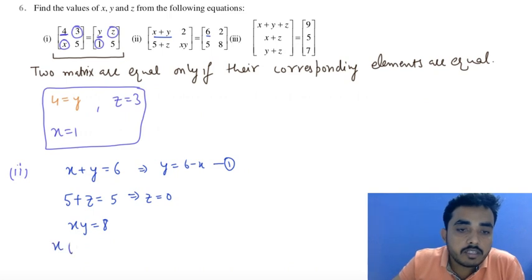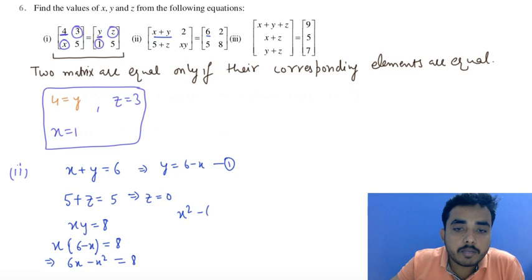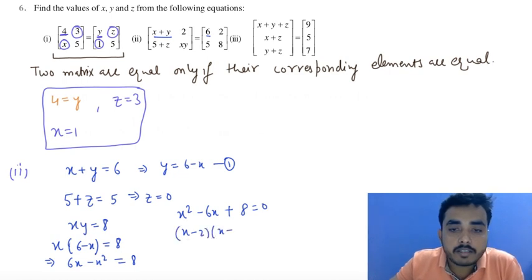So this is x into 6 minus x is equals to 8. Okay. So this will be 6x minus x square is equals to 8. So x square minus 6x plus 8 is equals to 0. X minus 2 and x minus 4 equals to 0.